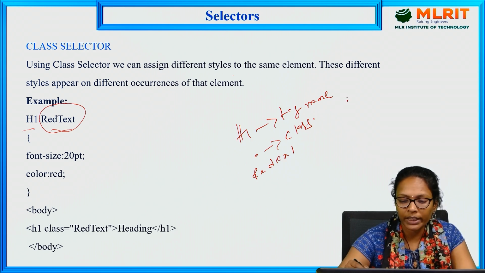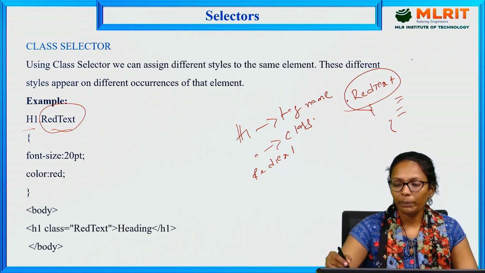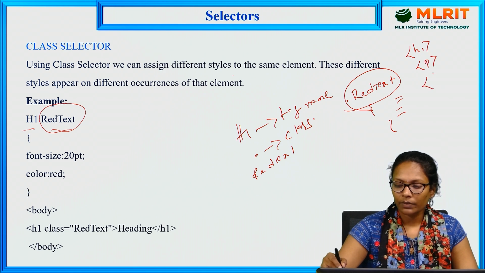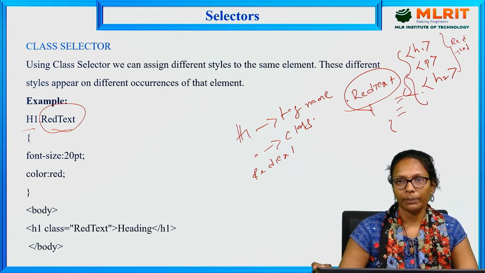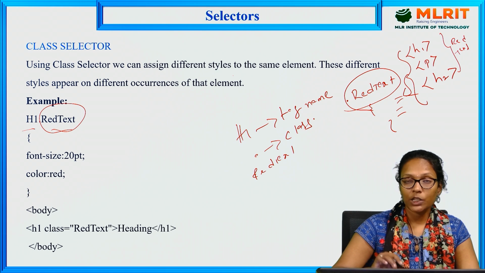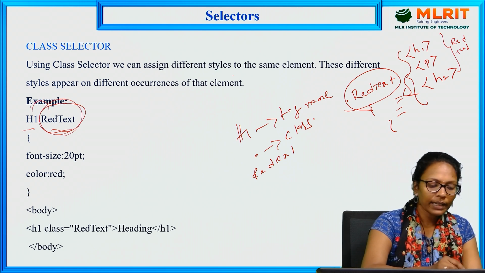Generally, if I write only dot red text, these styles will be applied to all elements whose class name is red text. For example, I have three elements: H1, P and H2, and for all three the class name is red text. So these styles will be applied to all three elements. But here I'm writing differently, H1 dot red text. The class name is red text, but what is the tag name?